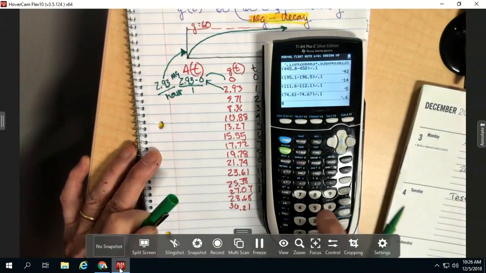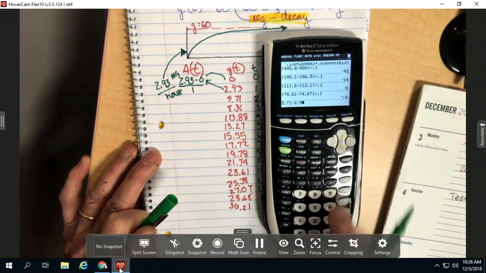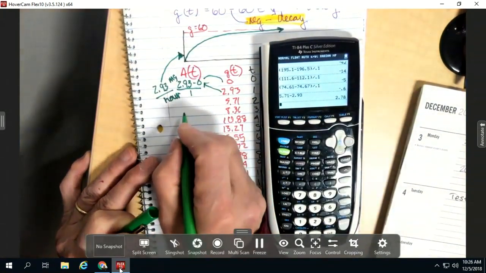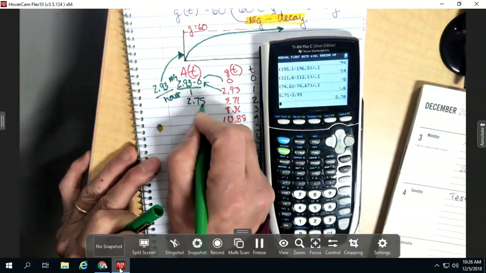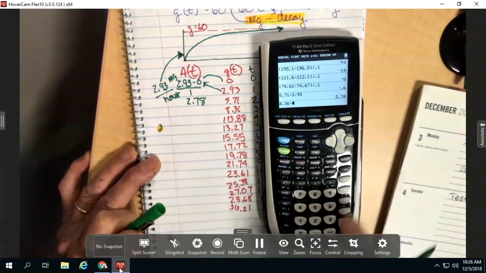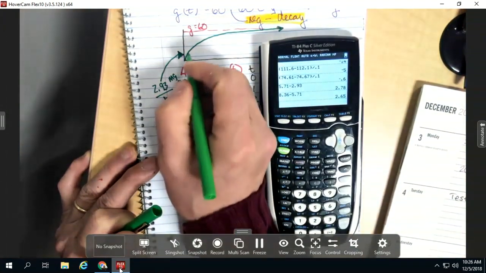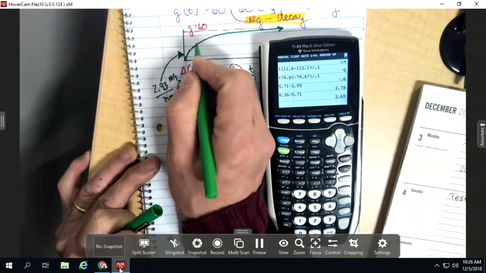Then we've got 5.71 minus 2.93, 2.78. 8.36 minus 5.71, 2.65. What do you see is happening every hour?